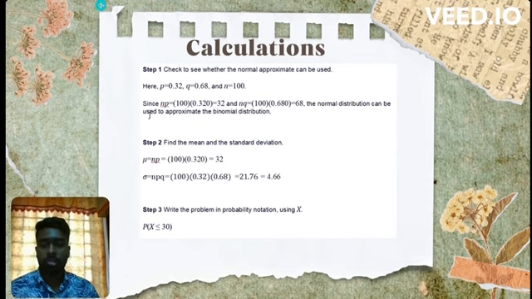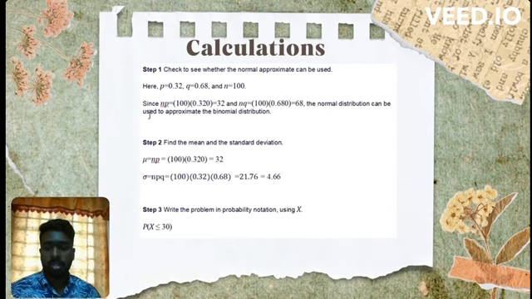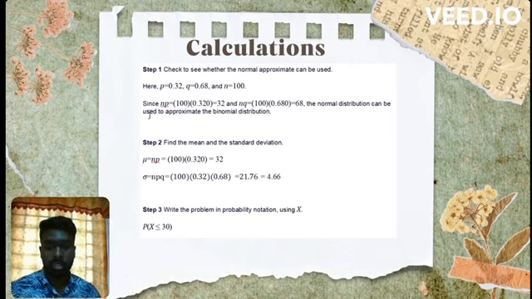Step 2 is to find the mean and the standard deviation. The mean will be 32 and the standard deviation will be 4.66. Step 3 is that we should write the problem in probability notation using x: probability x less than 30.